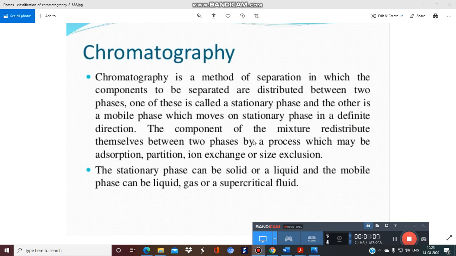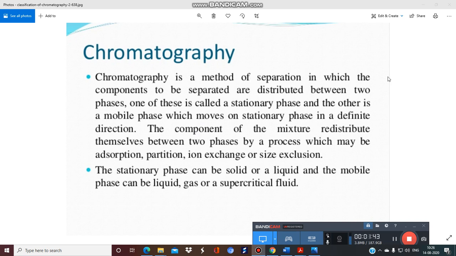And of course you need a sample, and the sample is a mixture of at least two components, or in phytochemistry we can say a sample is a mixture of phytoconstituents, or it is an extract, and an extract is nothing but a complex mixture of phytoconstituents. So chromatography, yes, it is a separation technique. It is also used for purification, identification, and last but not the least, it is used for isolation also.